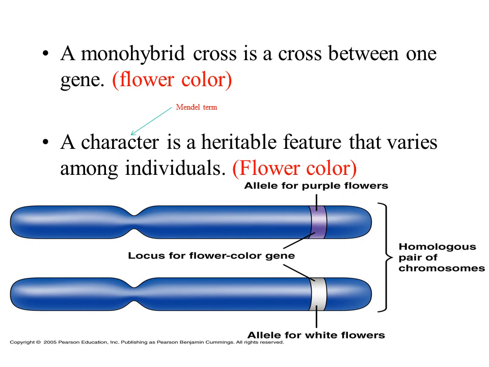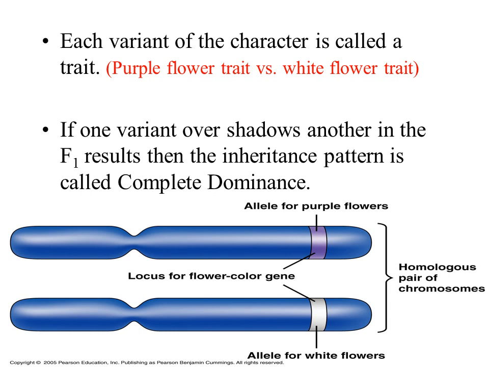A character is a heritable feature that varies among individuals. Again, flower color is the example we'll use. Some flowers were purple, some flowers were white. Each variant of the character is called a trait.